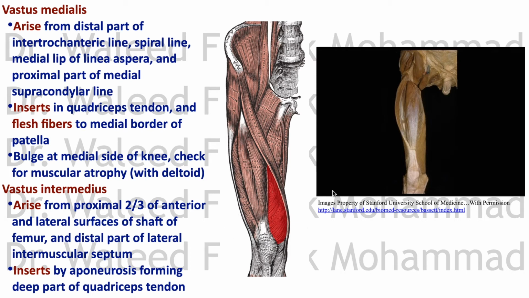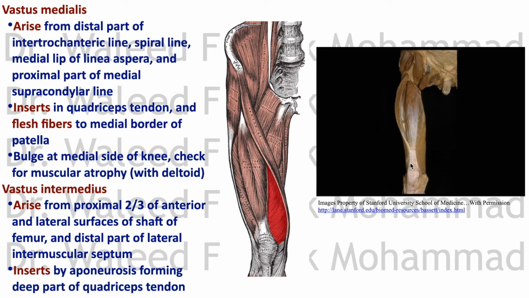The vastus intermedius, this muscle, takes origin from the upper 2/3 of the anterior and lateral surfaces of the shaft of the femur, descends and inserts in the quadriceps tendon. It forms the deepest layer of the tendon. So the rectus femoris on top, the vastus intermedius at the bottom, and vastus lateralis and vastus medialis in between.